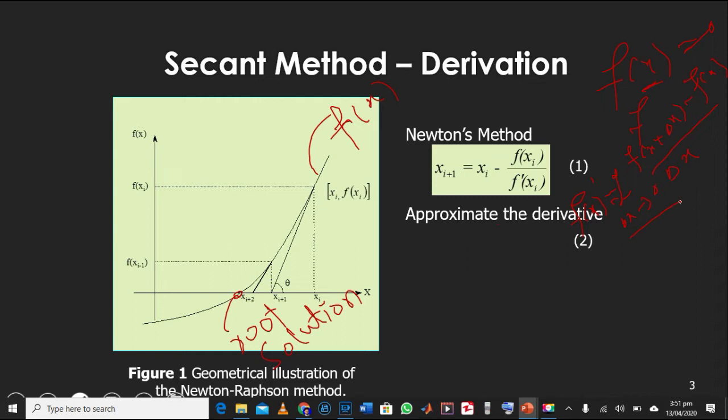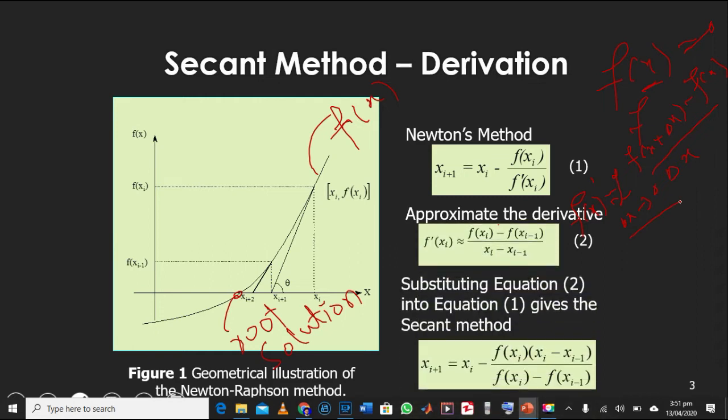So if we ignore this limiting term, f prime of x will be approximately equal to f of x i minus f of x i minus 1 divided by x i minus x i minus 1. What are x i and x i minus 1? The difference between x i and x i minus 1 is actually del x, the difference between the 2 points. By substituting this value in the Newton-Raphson scheme and simplifying, we get the scheme of the secant method.